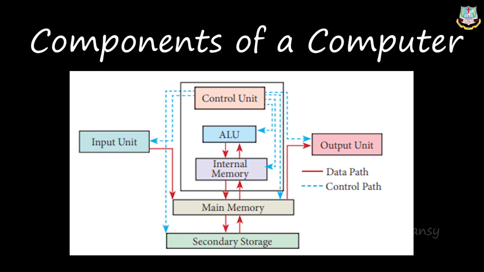That means the content or the details inside the system will not be gone once the power is switched off. Okay, so the examples for secondary memory are hard disk, CD-ROM, DVD-ROM, and all are examples for permanent memory or secondary memory. Okay, secondary memory is a permanent memory, right?